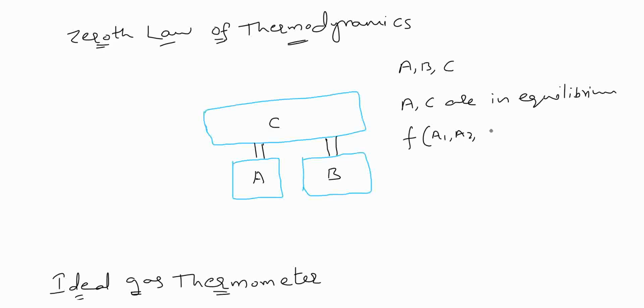Generally pressure, volume, temperature are the state variables, but I'm just indicating them as A1, A2, A3, so that they are the state variables of system A. Pressure, volume, temperature, number of moles are not just the only state variables of a system, but these are predominantly used because they are more significant.